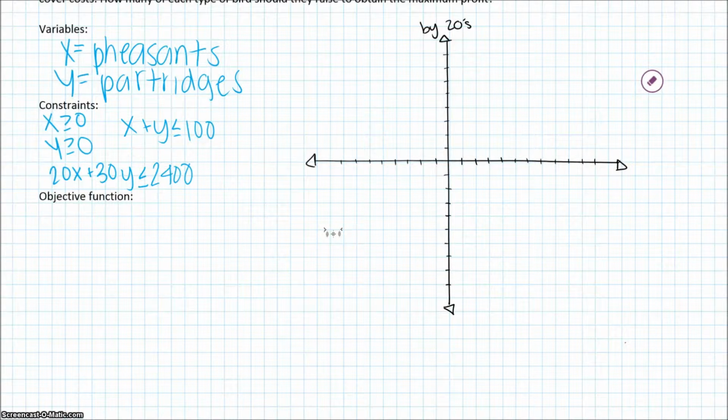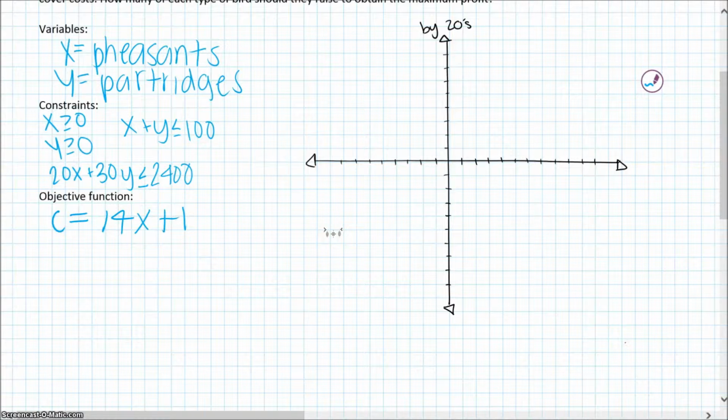Okay, now we're going to find the objective function, which will be c equals 14x plus 16y, because it's $14 per pheasant and $16 per partridge. So now that we have that, we're going to plot our points and decide where to shade. So first, the easiest ones are x is greater than or equal to 0 and y is greater than or equal to 0.